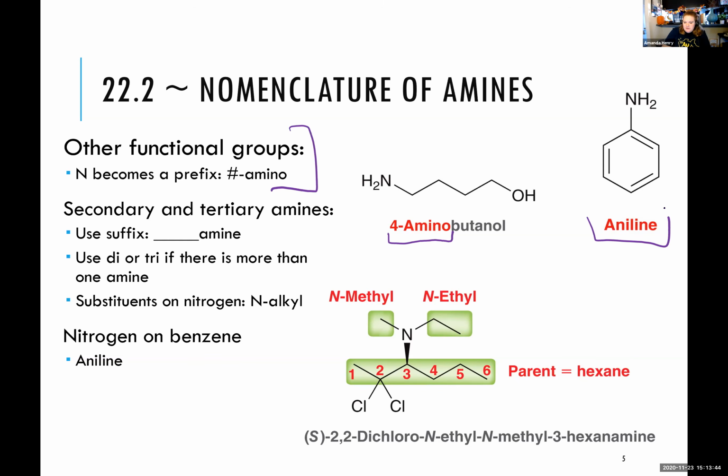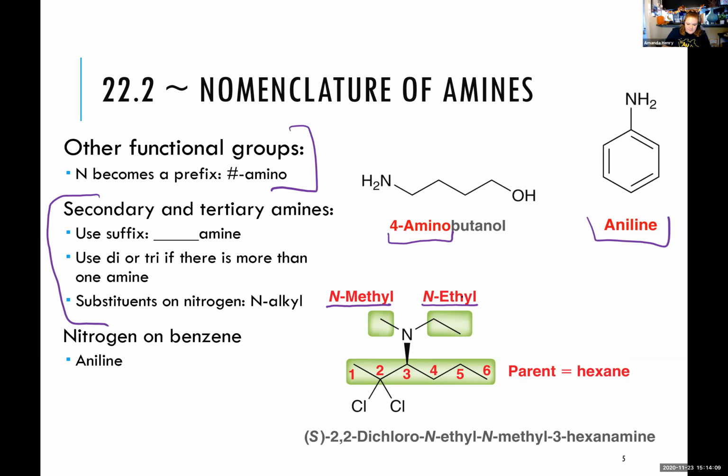That was one of our substituted benzene common names that we had to learn. And then the last thing that's on here is when we have substituents coming off of our amines. And we've essentially talked about this because we talked about amides. So when we do that, we just add a capital N in the front of the substituent to say where it's located.